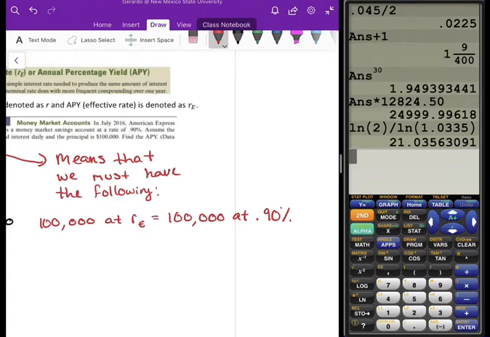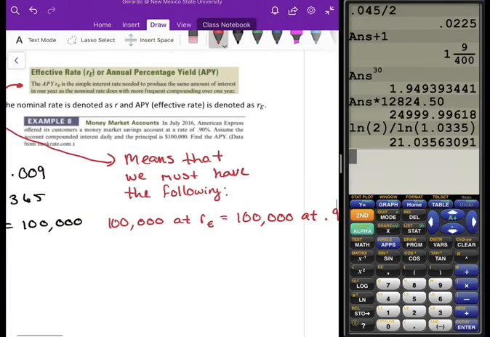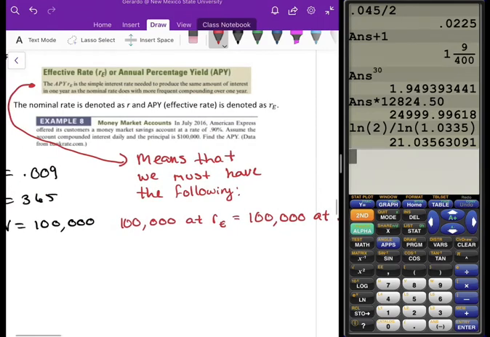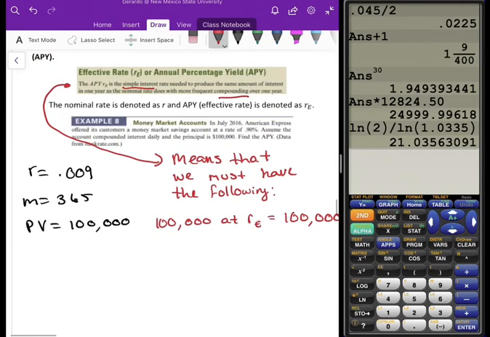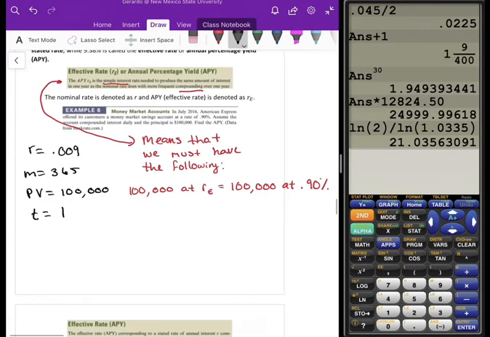It also states that it is the simple interest rate needed to produce the same amount of interest in 1 year when compounded. Because of that definition, that means that time is 1.